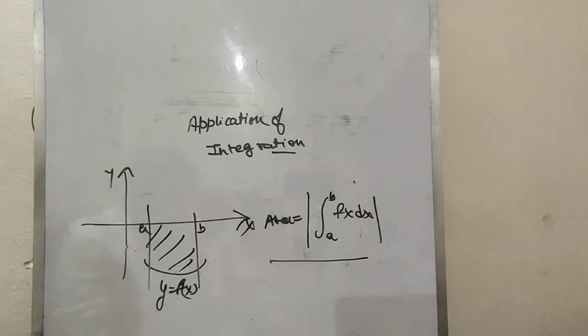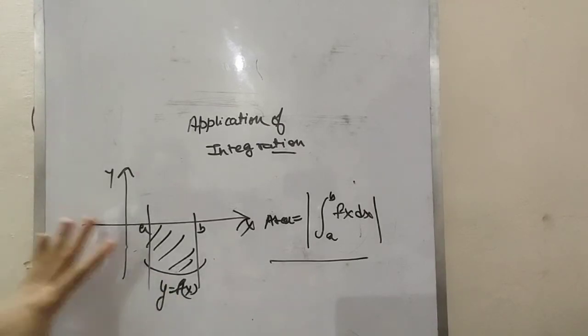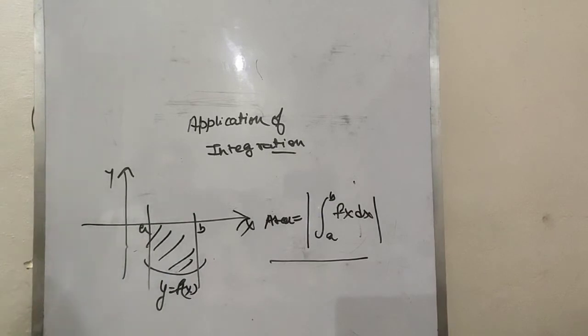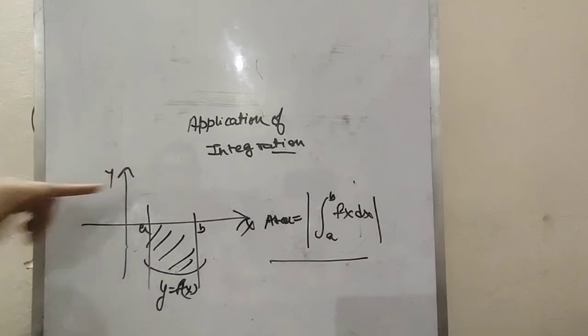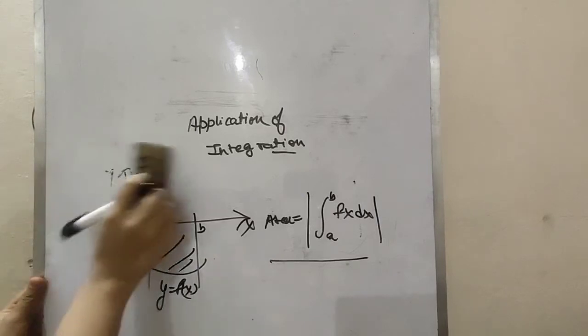Now coming to the next point, whenever we need to find the area that is bounded, again we are going to deal with the boundation of the curves either on the x-axis or on the y-axis. But now, when my curve is falling on the y-axis, that is, the starting and ending points are on the y-axis, how will I find my area?